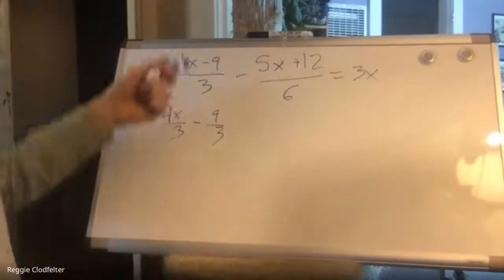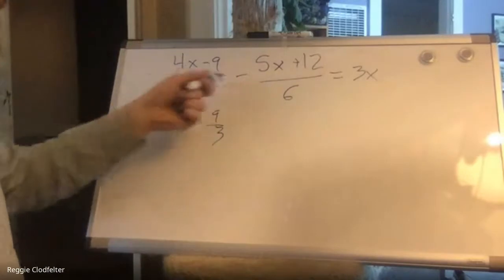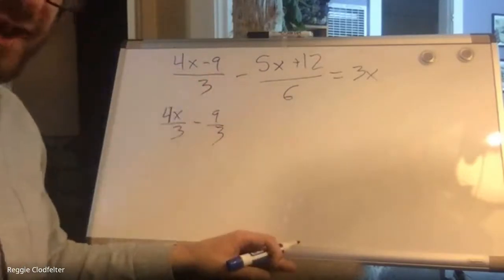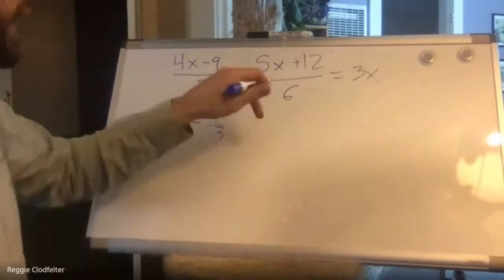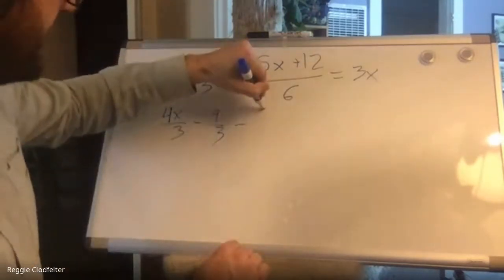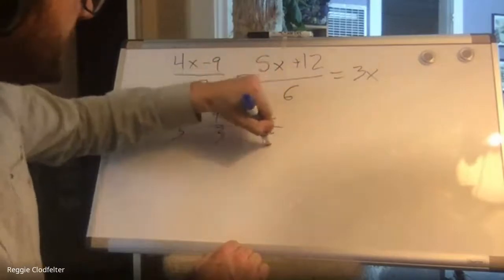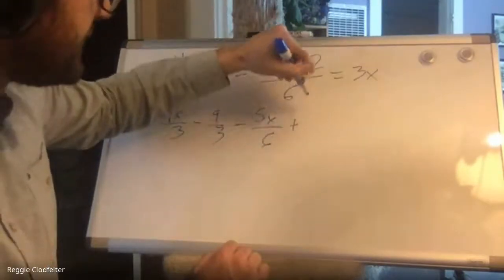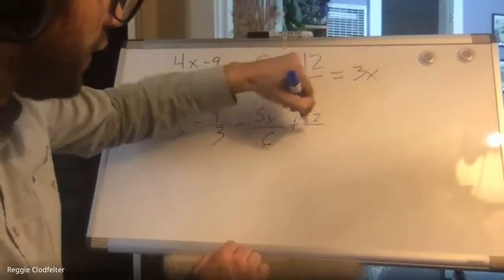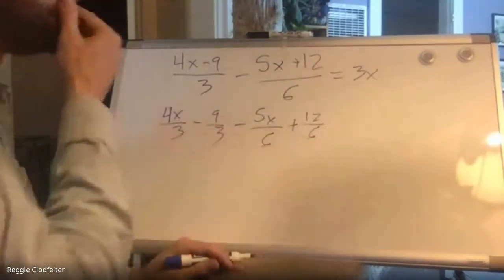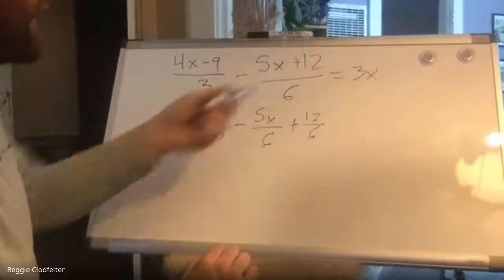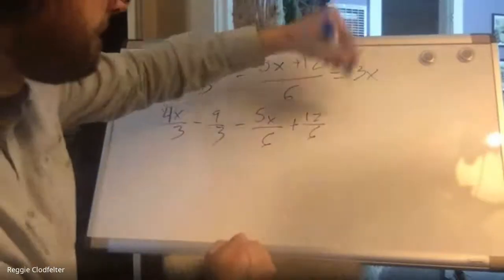Do you see what I did there? I just took the 3 and put it under both and did the minus there. Do you guys see that? Here I would go minus 5x over 6 plus 12 over 6. Can you guys read this? Yeah. So did you see what I did there, how I broke them up?